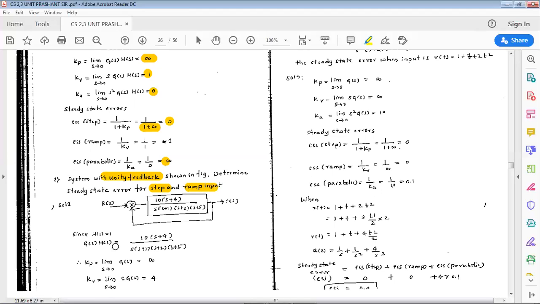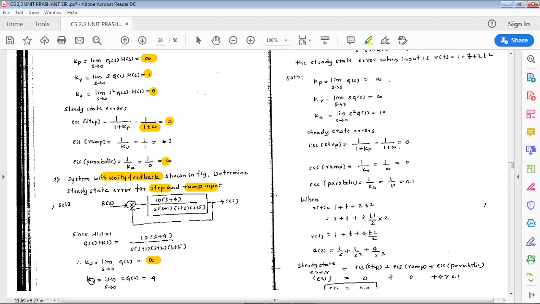We have G of s, H of s as 10 into s plus 4, whole divided by s plus 1, s plus 2, s plus 5. We need to find Kp. We have the formula: limit s tends to 0, G of s. If I apply s as 0, since s is in the denominator, that results in infinity.